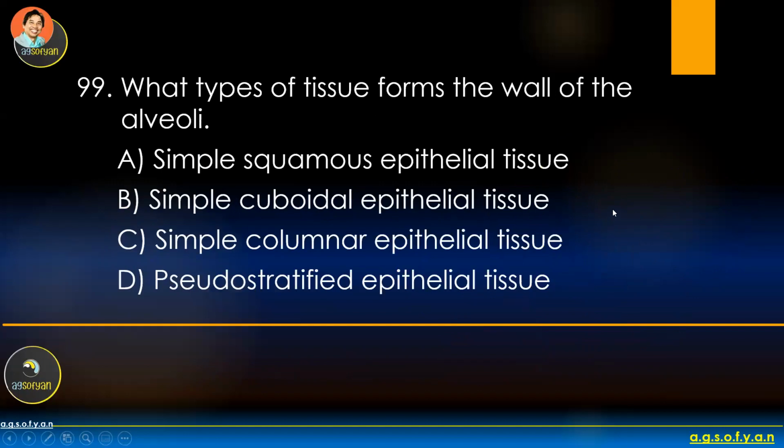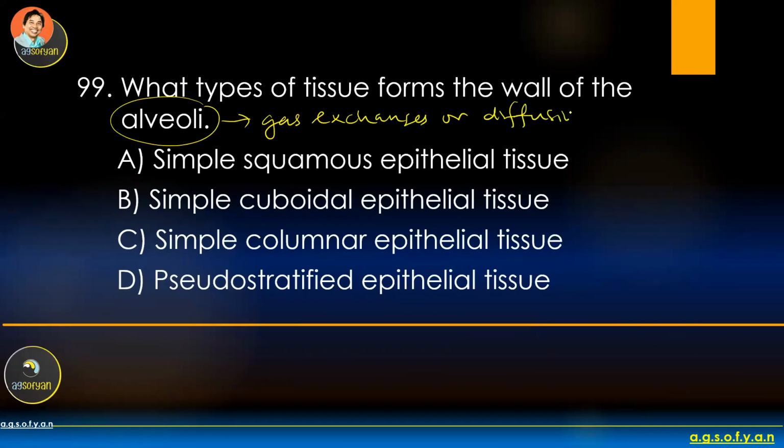What type of tissue forms the walls of the alveoli? Choose your answer. Remember, the alveoli are for gas exchange, or gas diffusion. In order to make diffusion faster, the alveolar wall should only have 1 layer of epithelial tissue, and this epithelial tissue has to be flat.